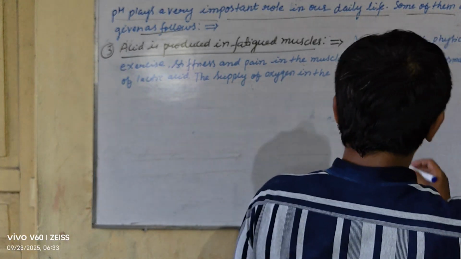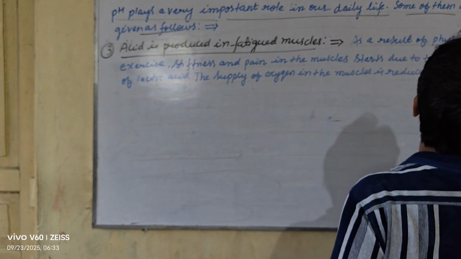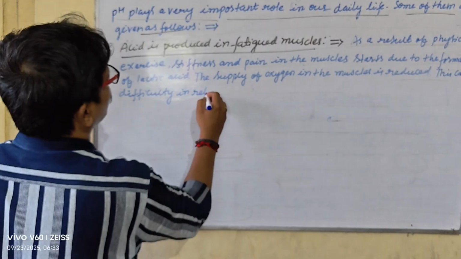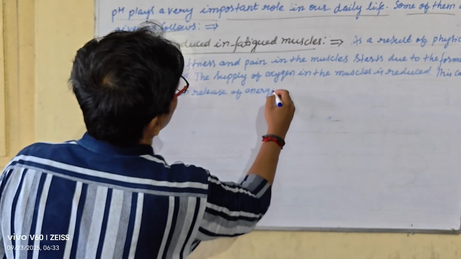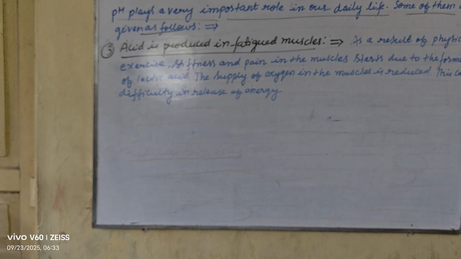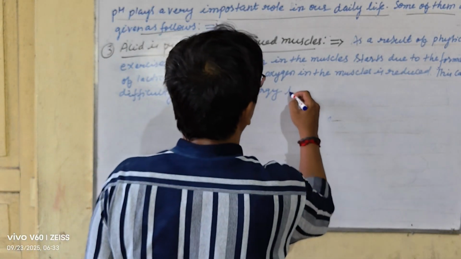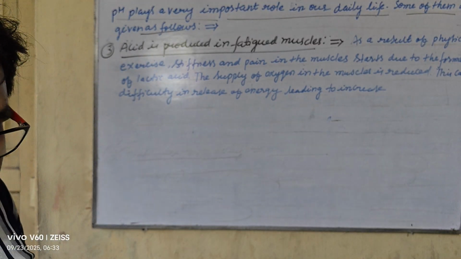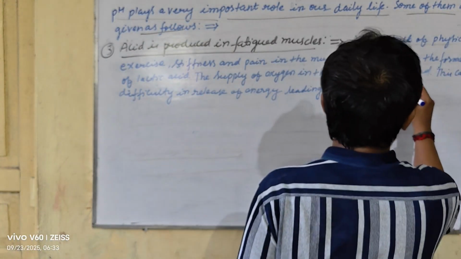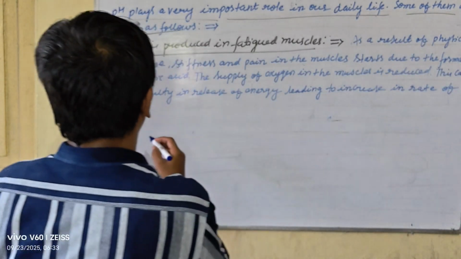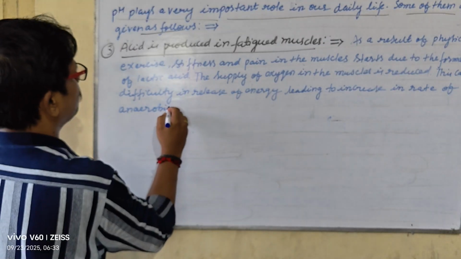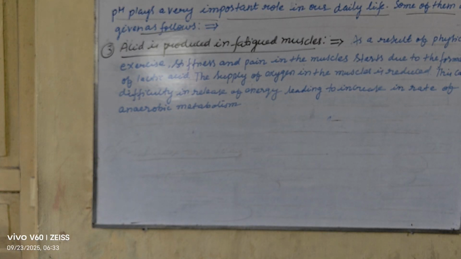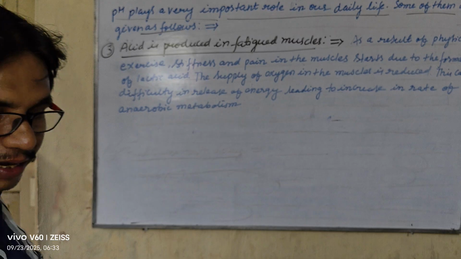This causes difficulty in release of energy, leading to increase in the rate of anaerobic metabolism. As a result, lactic acid gets accumulated in the muscles.